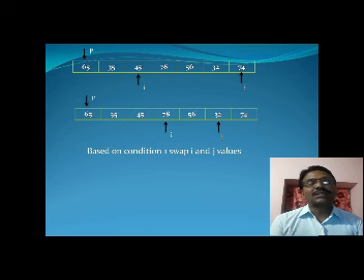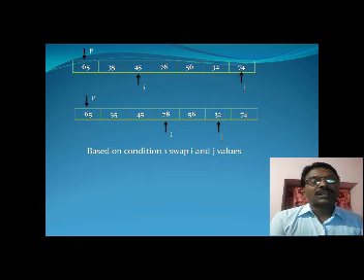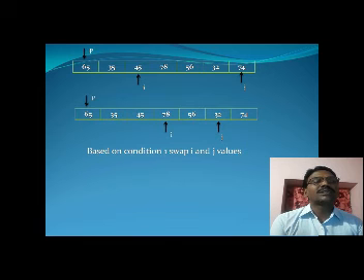Based on that, swap the i and j values. It means the i position stores 32 and the j position stores 78. After that swap, the array values are 65, 35, 45, 32, 56, 78 and 74.